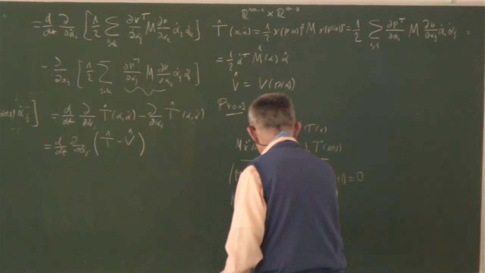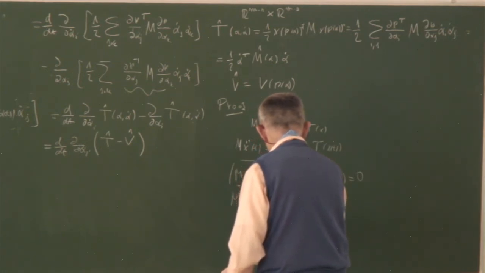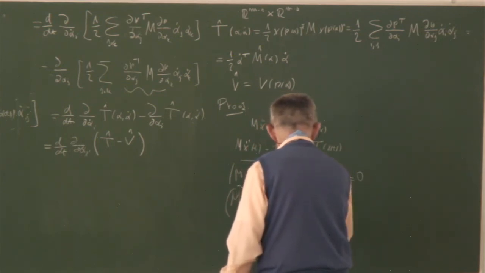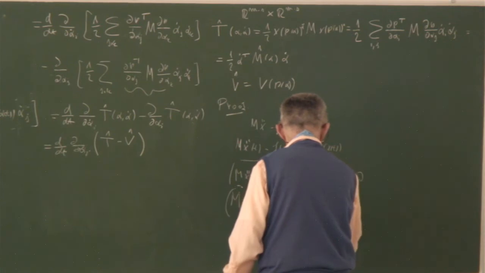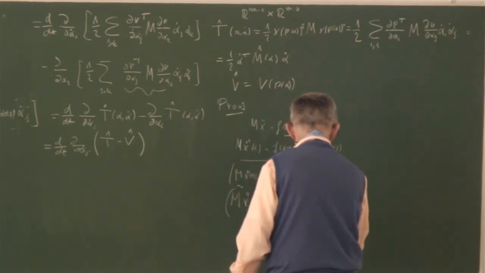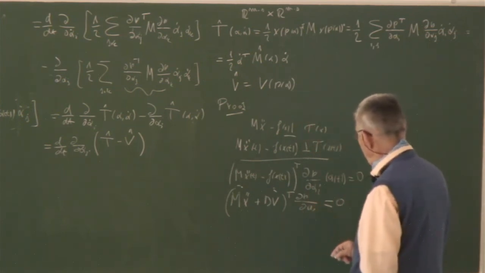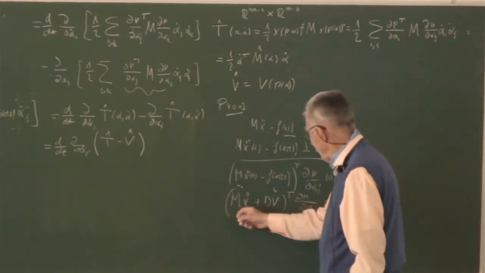Plus dv over d alpha I equals to 0 symbolically. That's what it was. We have completely computed now the first term.